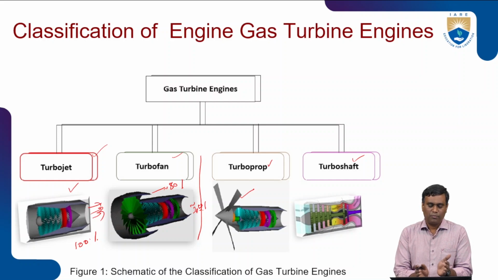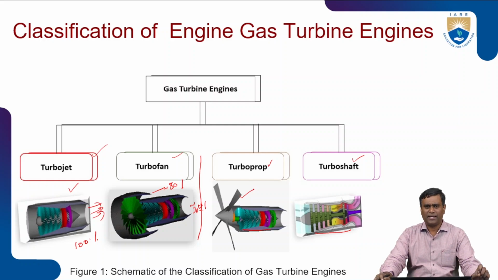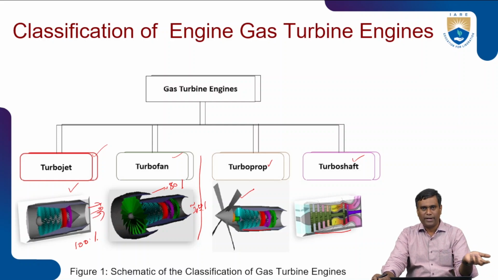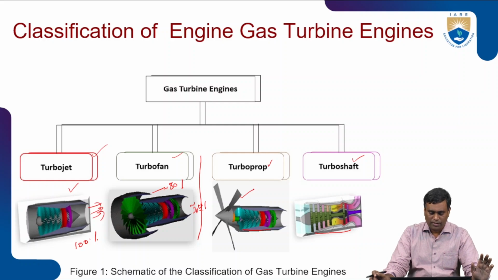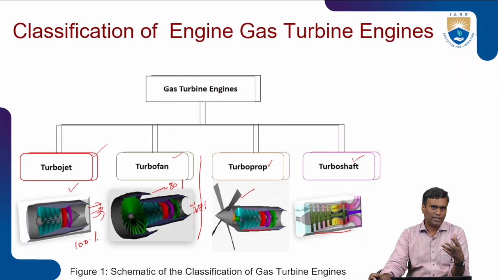In both engines, the core engine is a turbojet engine, otherwise called the gas generator. The energy extracted by the turbine from the gas generator is supplied through the shaft to either the propeller or the shaft, which means that energy is converted to mechanical shaft power.